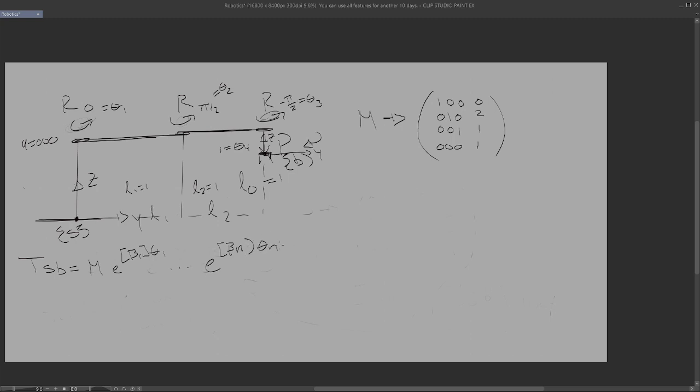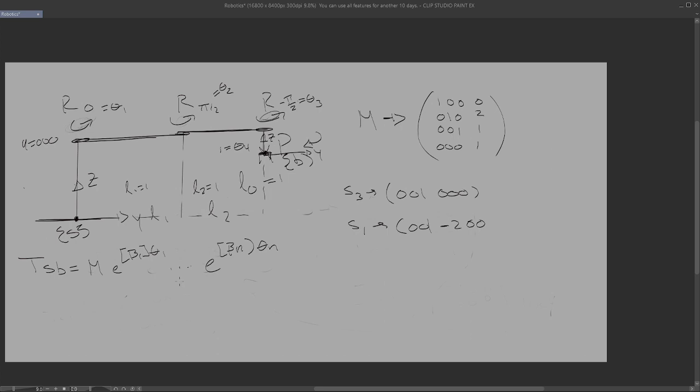So what's the difference? Instead of going this way, we're actually going to use this. S3 is actually going to be 0, 0, 1, 0, 0, 0, given its position as an example, and then S1 is going to be 0, 0, 1, -2, 0, 0, given it's going this way.